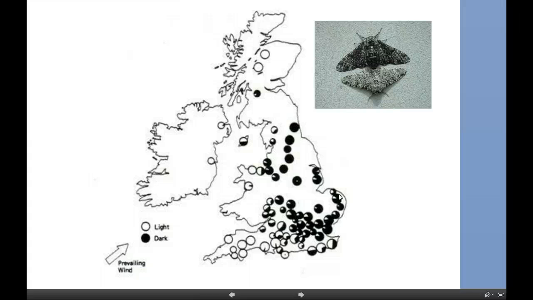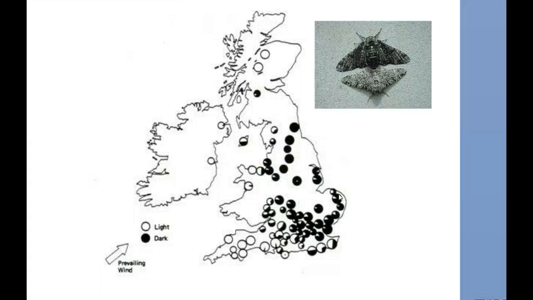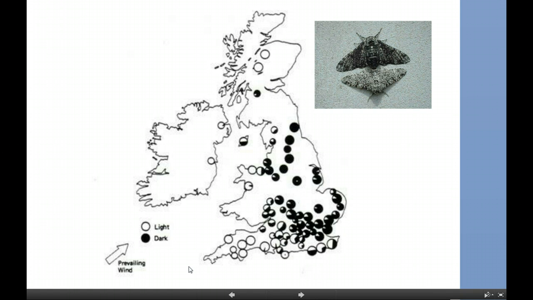And so what we see is that in different environments, we see different heritable traits and percentages of those heritable traits in the populations. Remember, the wind is moving in this direction, so it's carrying the pollutants from west to east. They're building up on the east coast, making the environment darker, giving an advantage to this dark variant over the light-colored variant.